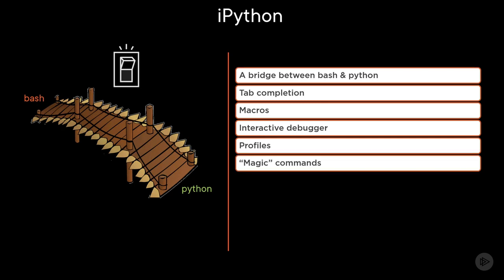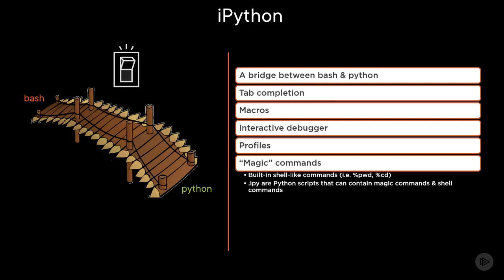And then you have something called magic commands, and these are basically enhanced commands over the normal Python code. And these start with a %, and they basically can do more than what you can do with Python code. And this is where that bridge between Bash and Python starts to come in, because you can run shell-like commands using the magic commands.